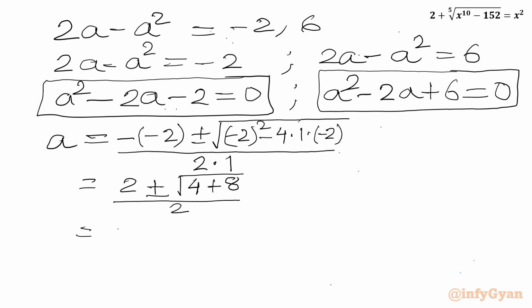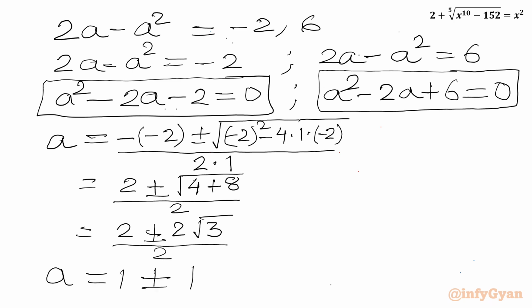So this will give us 2 plus minus the square root 12. We can write 2 root 3 over 2, or we will get A equal to 1 plus minus the square root 3.